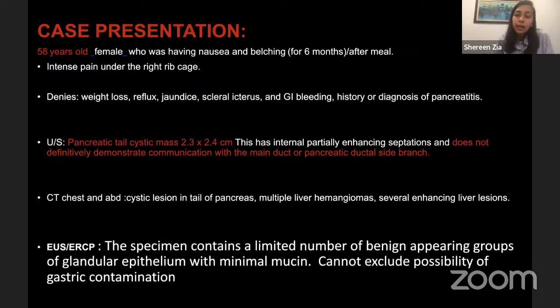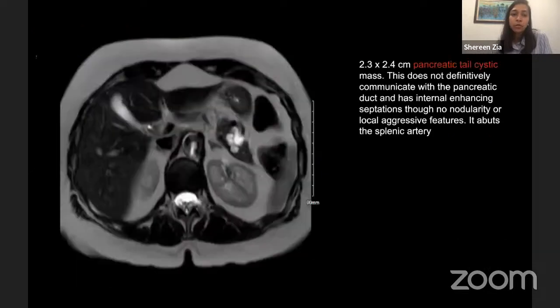Her pancreatic tail showed a cystic mass measuring up to 2.4 centimeters that did not communicate with any main pancreatic duct or side branch lesion. On EUS or ERCP, there was limited cellularity in the specimen, showing a benign-appearing group of glandular epithelium with minimal mucin.